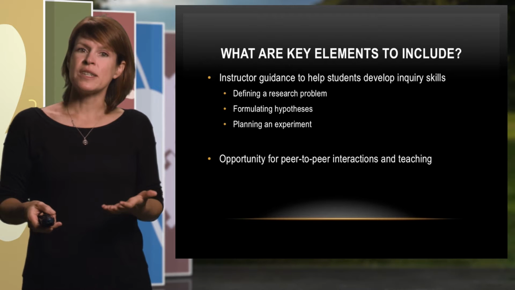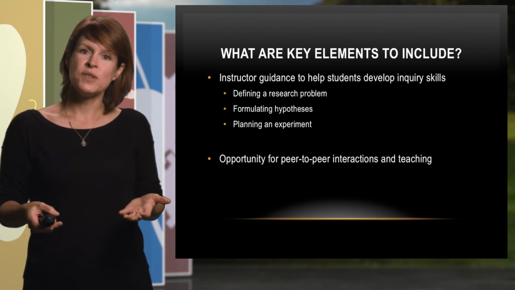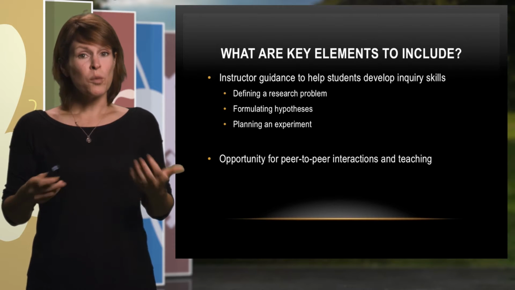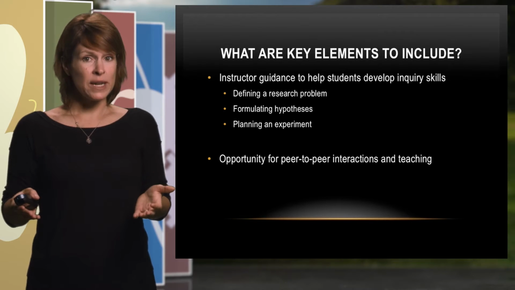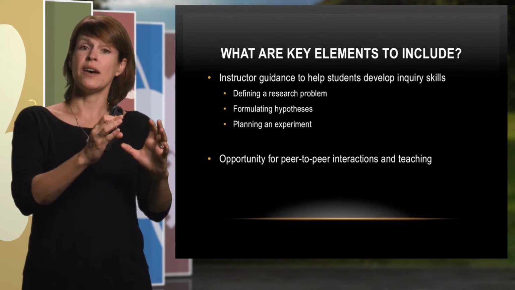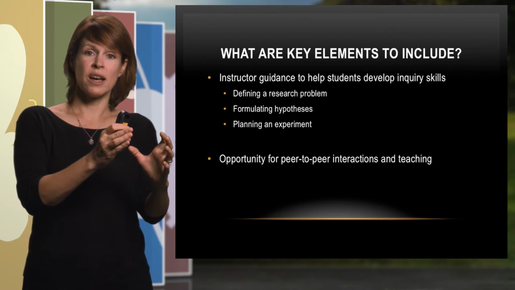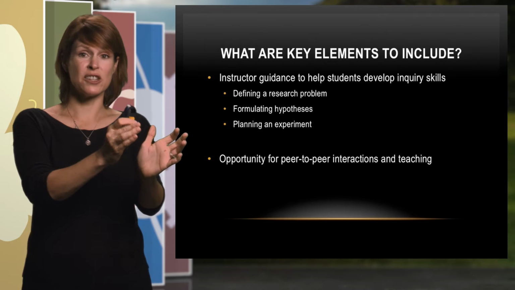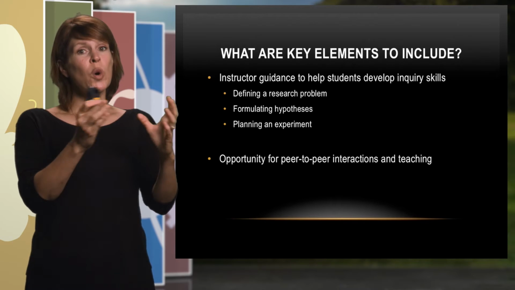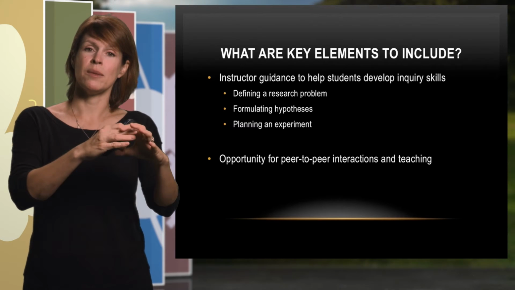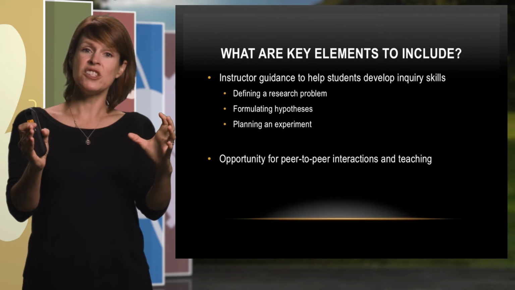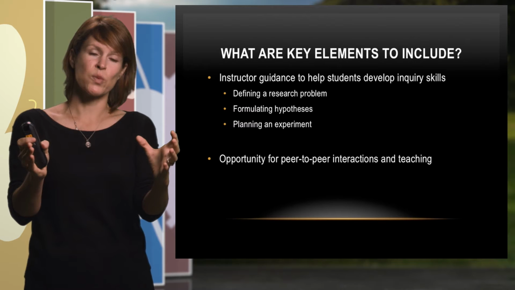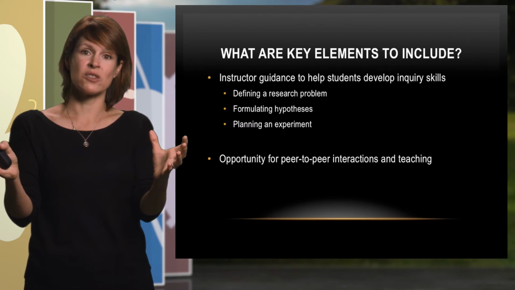It's also very important to include an opportunity for peer-to-peer interactions and teaching. Now, what this looks like can vary. You can have multiple short interactions with peers where they work in pairs that change from week to week, or you can have more long-term collaborations, as we saw in the biological sciences example, where 8 peers work together throughout the course of the semester.